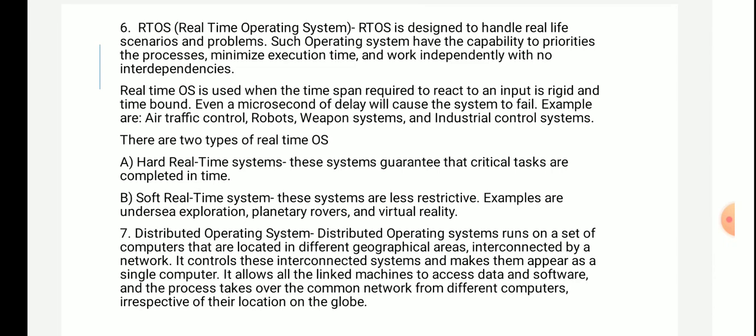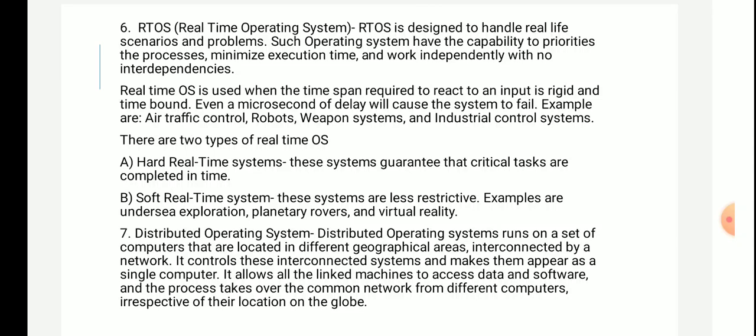If any single nanosecond delay comes into this system, it can cause a system failure or problems like that. Weapon systems are another example: if people are going to launch a missile and a 1 second delay can change the direction of the missile, that is again a failure of the system.